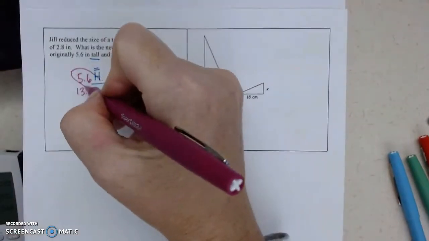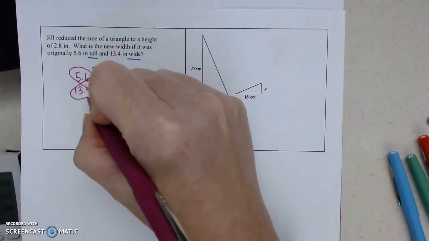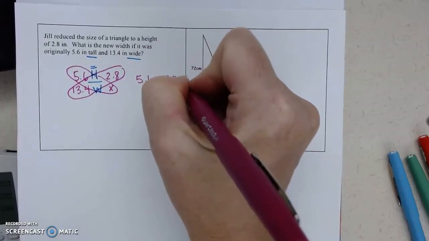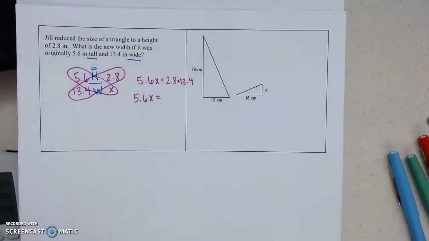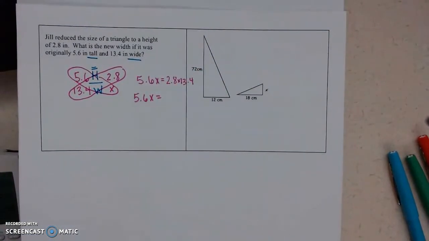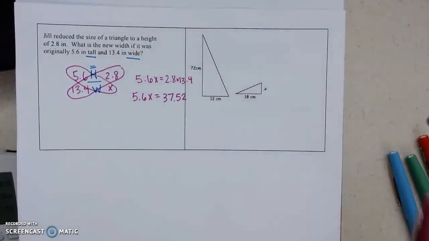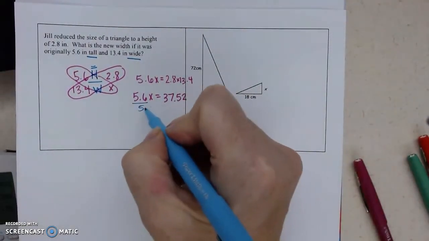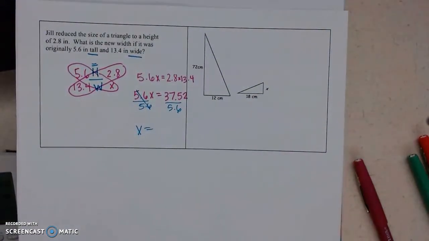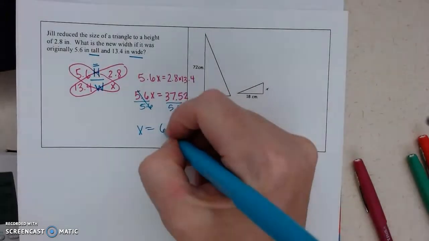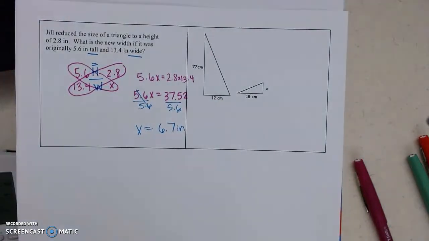So same idea. I've got 5.6x equals 2.8 times 13.4. So 5.6x equals 37.52. Divide both sides by 5.6. So we get 6.7, and we're talking about inches and the width.